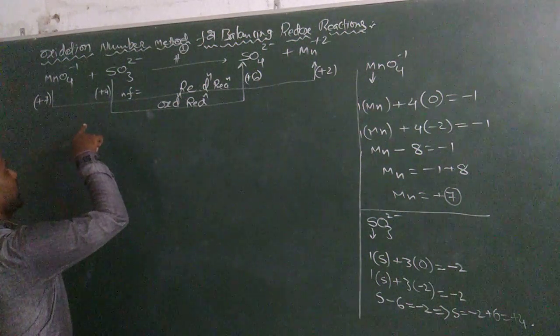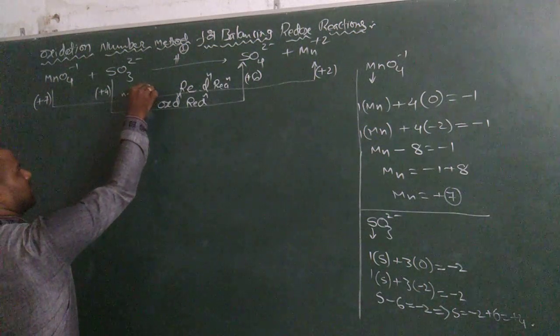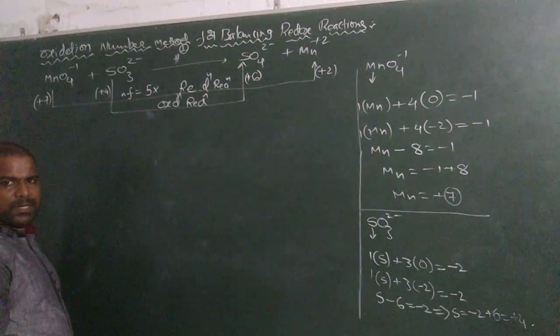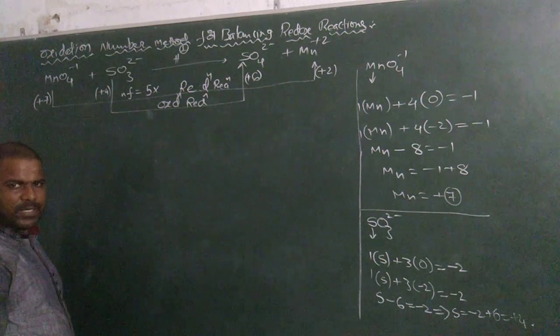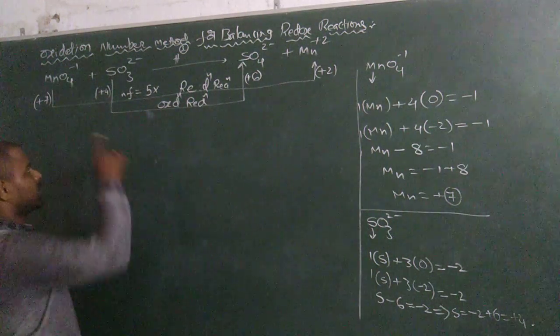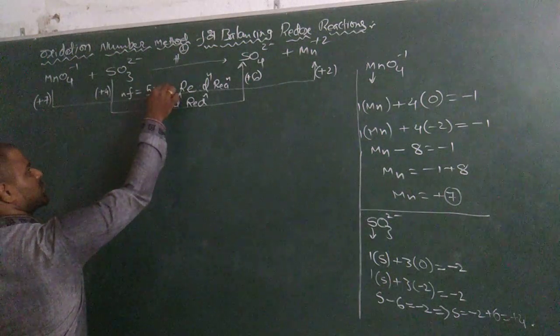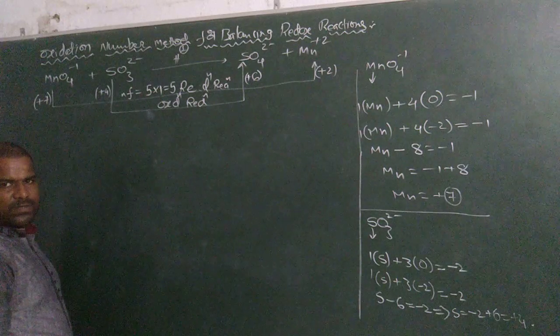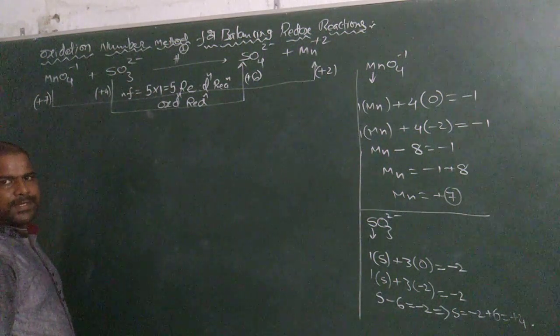In the case of manganese, the change in oxidation state is 5 and the number of atoms of the element undergoing change is only one manganese. That's why the n factor is 5 for the MnO4 minus ion.